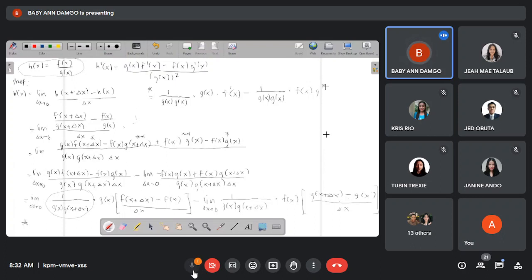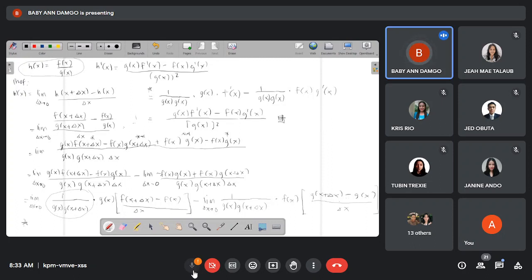So this is g prime of x. So, simplify. This is g of x to the power of 2, g of x, f prime of x, minus your f of x times g prime of x.